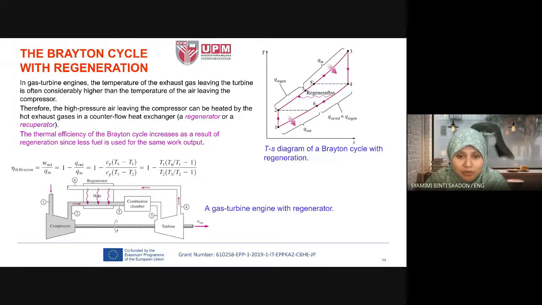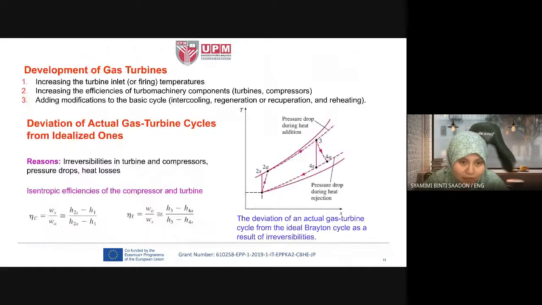So this temperature T2 can be heated by using the heat at the higher temperature of the exhaust gas leaving the turbine here. Because if you don't have the regenerator, if you look at the cycle, the combustion process Q in is from 2 to 3.